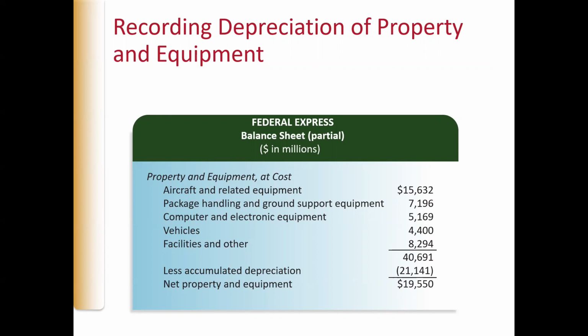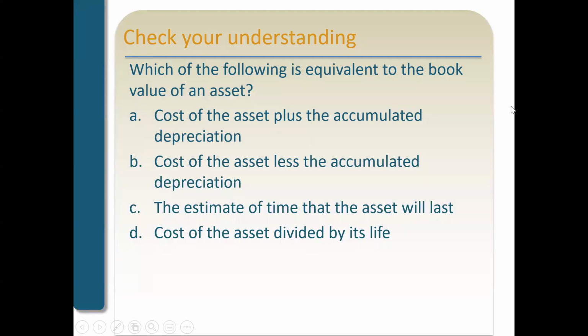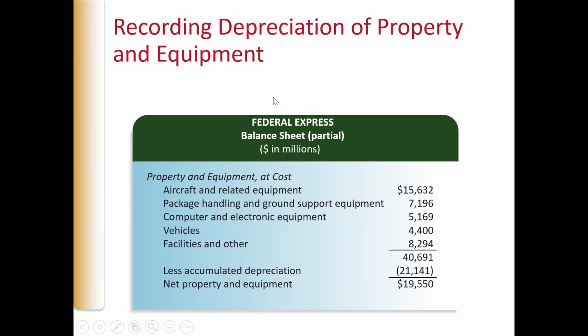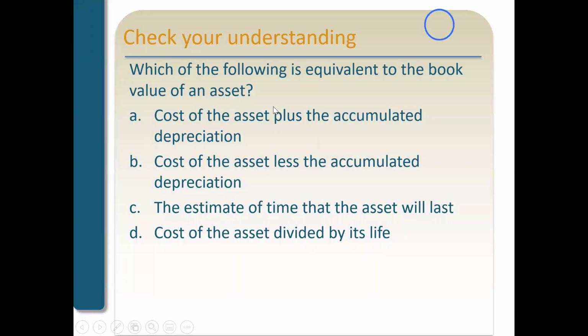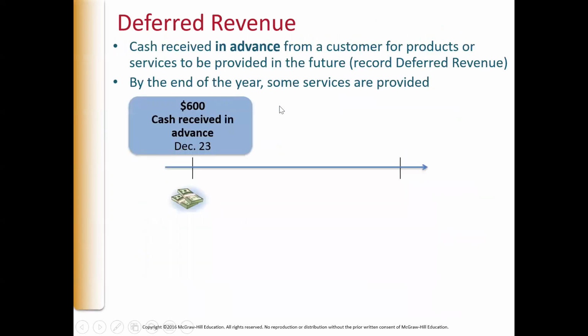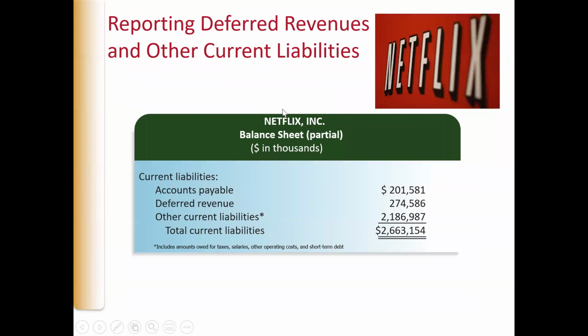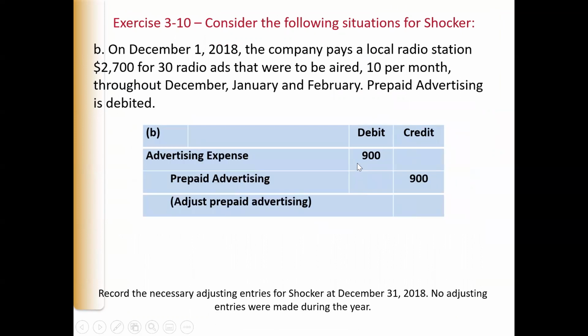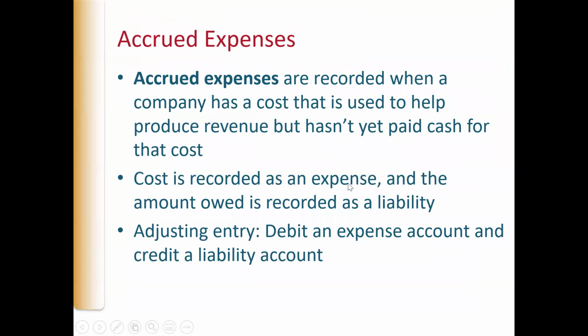So now we're going to talk about depreciation, where we use up a piece of an asset. It just says recording depreciation. You know what deferred revenues are. Okay, I think we're going to spend time doing some homework so we can go through this.